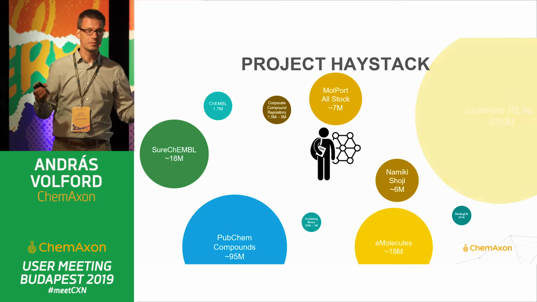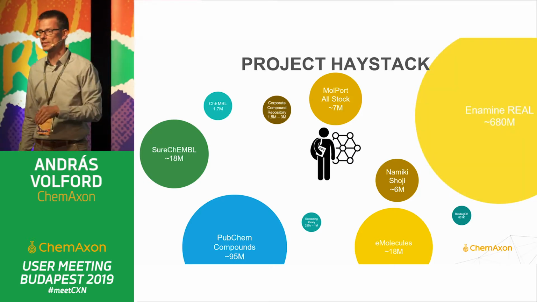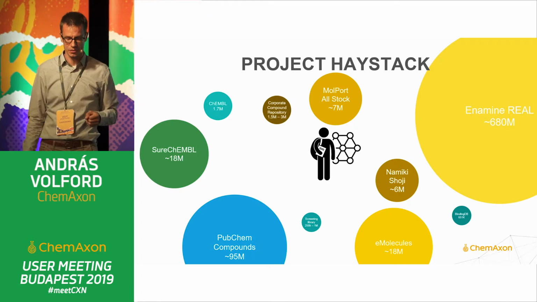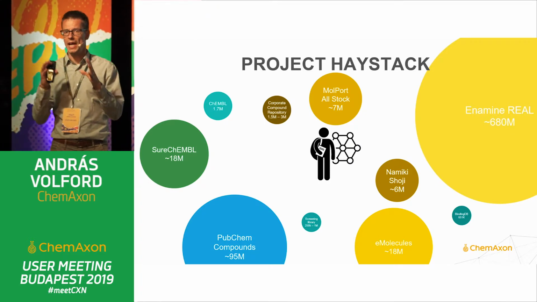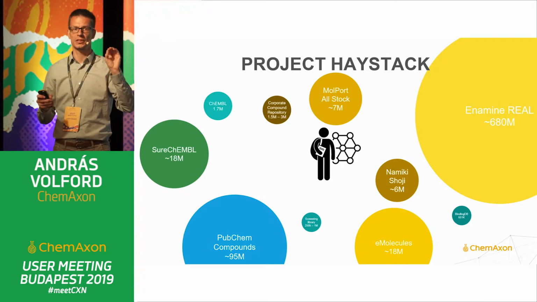And finally, let's mention Enamine, which is now more than 680 million structures, and you want to access this with a single interface. That is what this project is all about.